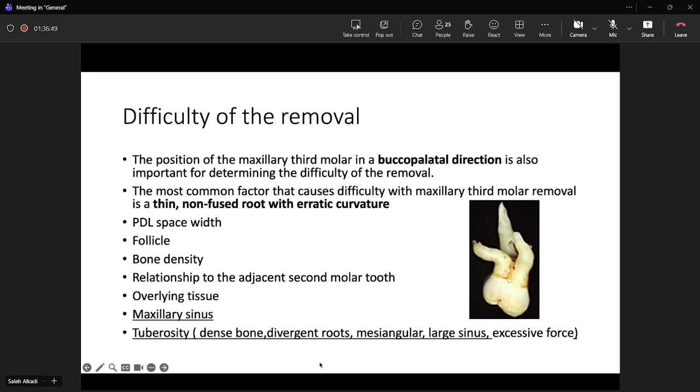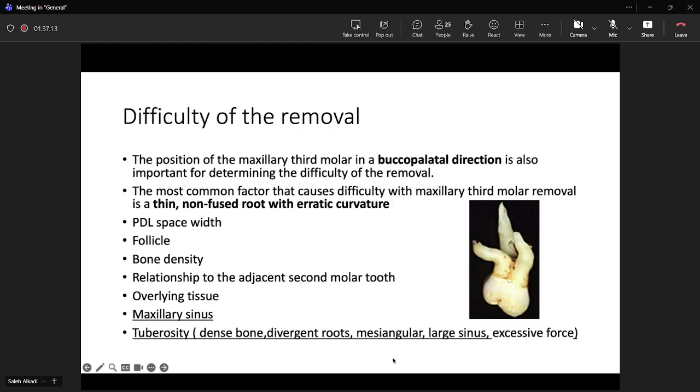Same thing for tuberosity fracture. You need to assess the tuberosity area. If there is dense bone surrounding the tooth, if the roots are divergent in different directions, when the tooth is mesioangular, or you have a pneumatized and large sinus and you use excessive force, all these factors predispose to tuberosity fracture. So you need to assess these factors carefully.